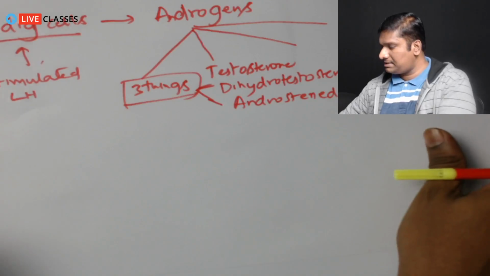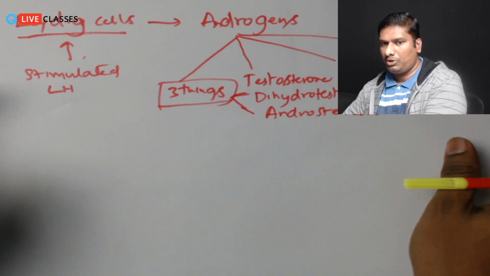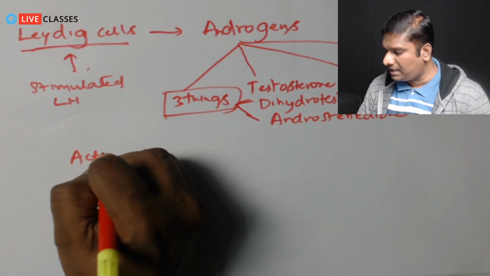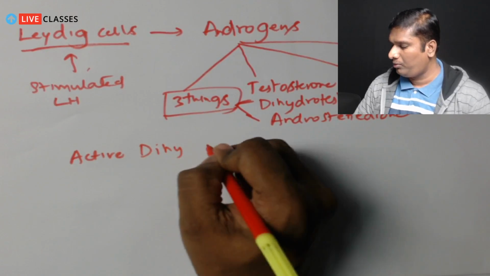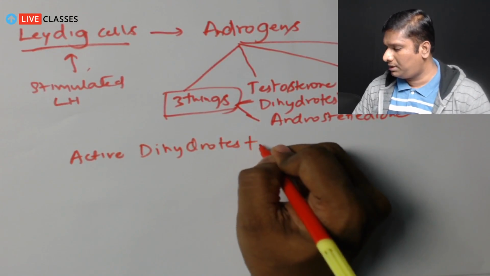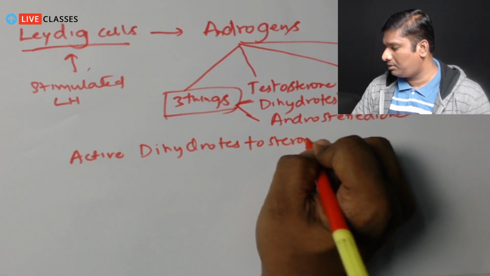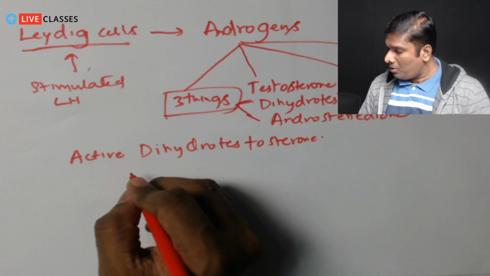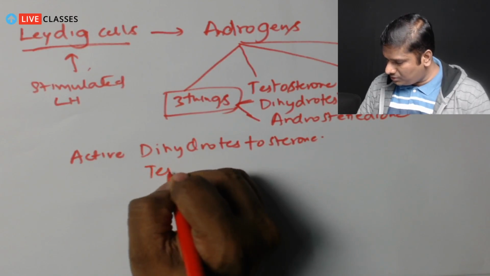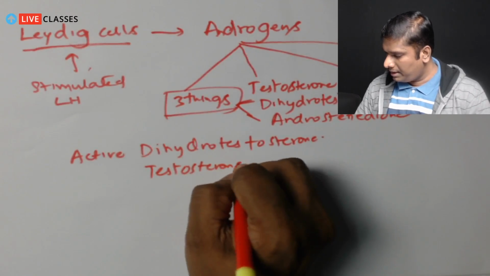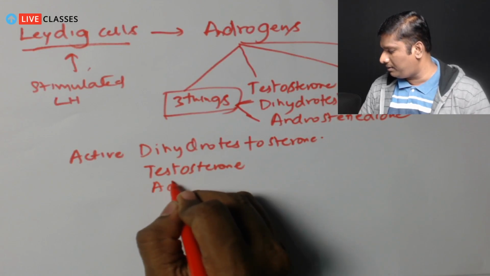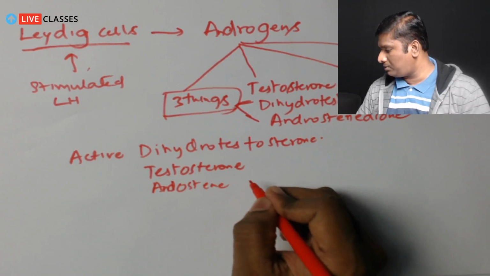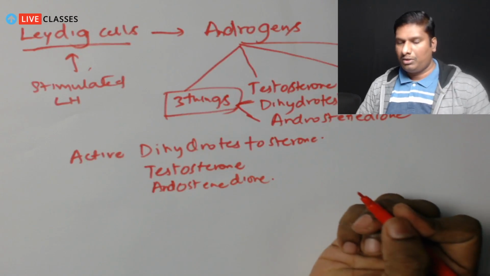Among these three hormones, the most active one is dihydrotestosterone. The next best one is testosterone, and the least active one is androstenedione.